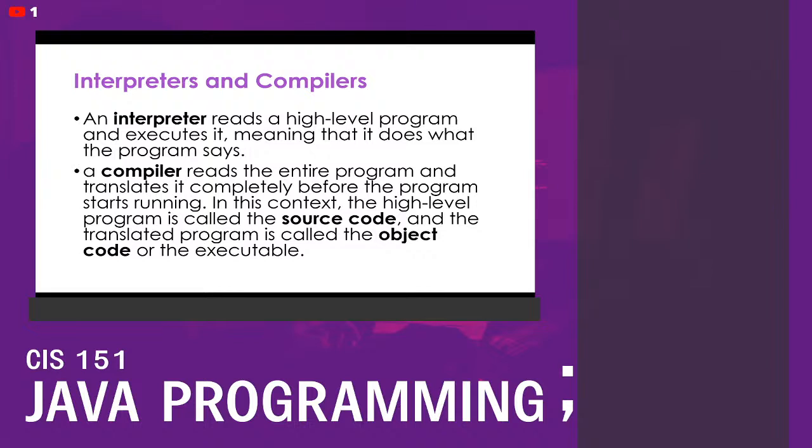The compiler, conversely, reads the entire program and translates it completely. Essentially, it's going to make a new file most of the time before the program starts running. So in this case, the code that you write is called the source code, and then the compiler is going to take that source code and translate the entire thing and turn it into something that we call the object code or the executable. You might have seen an exe file, or in Java they'd be jar files.